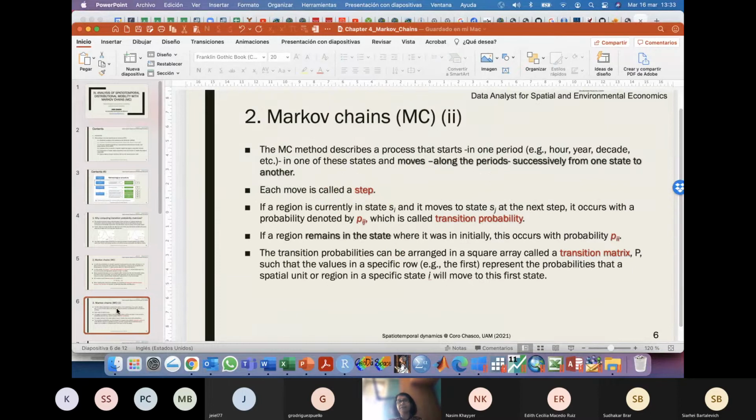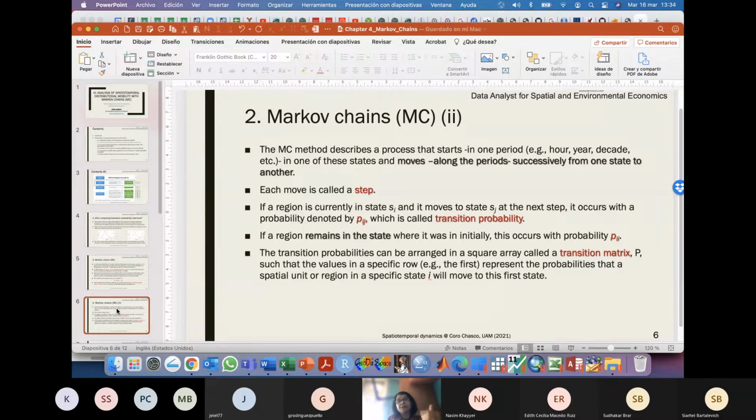So the Markov chain methods describe a process that starts in one period. I can consider even hours, years, decades, etc. So a process that starts in one period, in one of these states, one class, and moves along the periods successively from one state to another, or not, you can stay there.